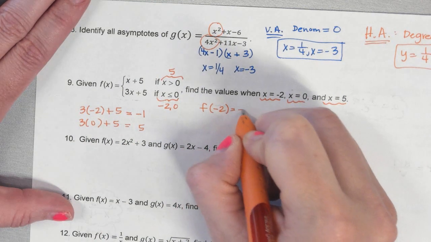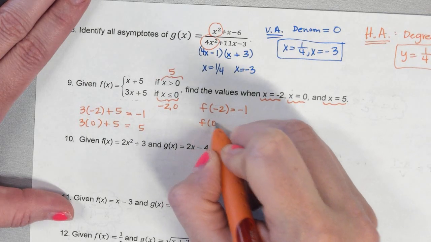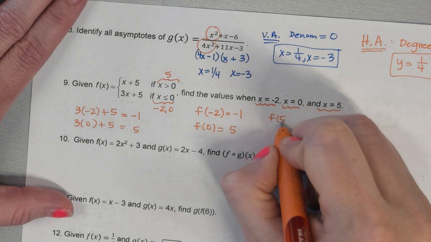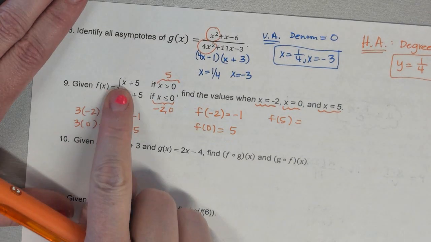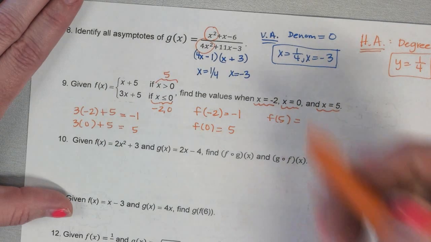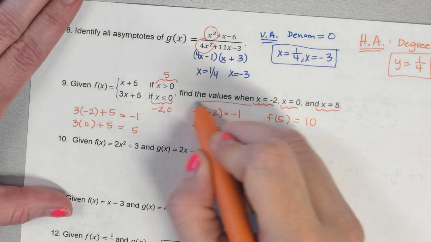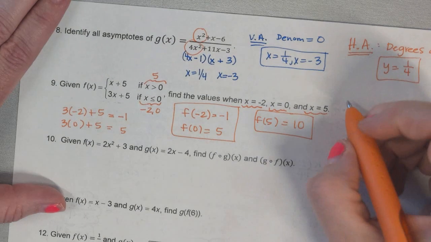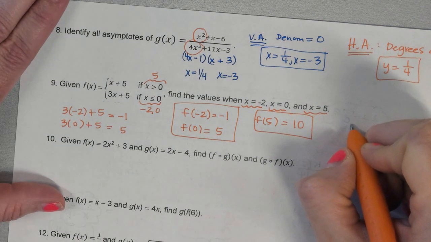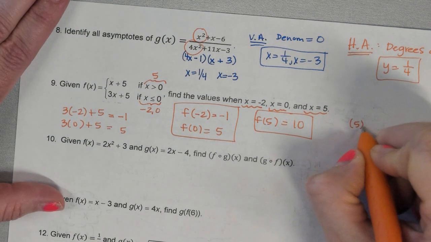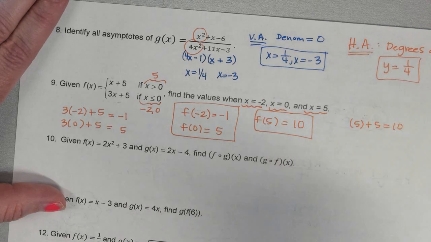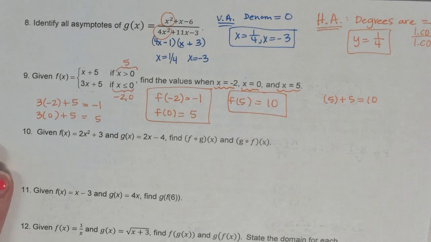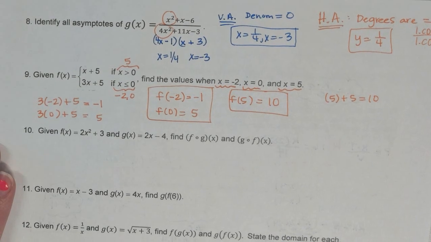F of negative 2 equals negative 1, f of 0 equals 5, and then f of 5 equals, you plug in 5, what's 5 plus 5? 10. So you do 5 over 10. Alright, any questions for me on that one? The piecewise?